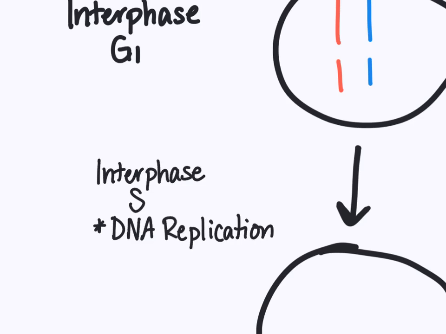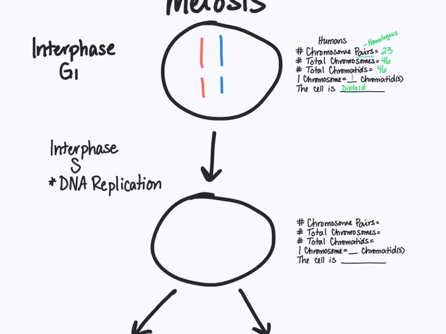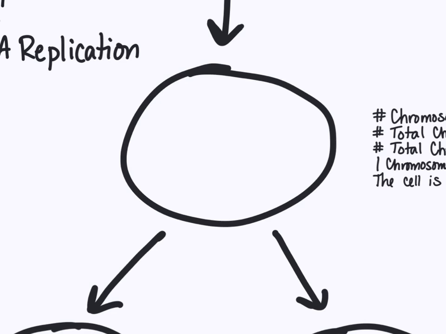What this means is that after the S phase has occurred, we now have X-shaped chromosomes. That's because each chromosome is now made up of 2 sister chromatids, or 2 copies of itself that are attached to one another.